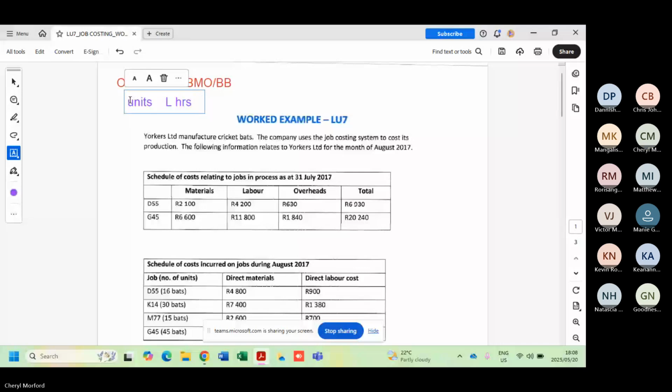It can be machine hours, so many rand an hour, or it can be labor cost, in which case it will be a percentage, or it can be materials cost, in which case that will be a percentage. That's all explained for you in Learning Unit 5 and again in Learning Unit 7. Trust me, it is just a duplication.